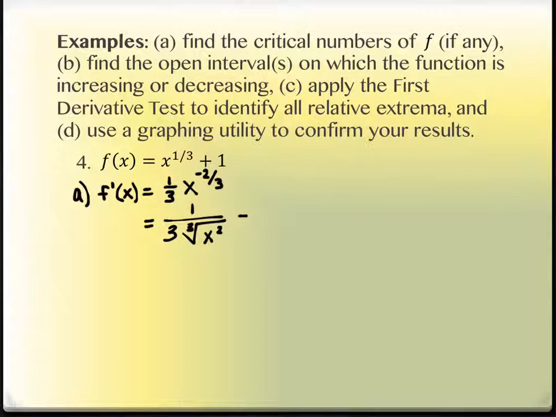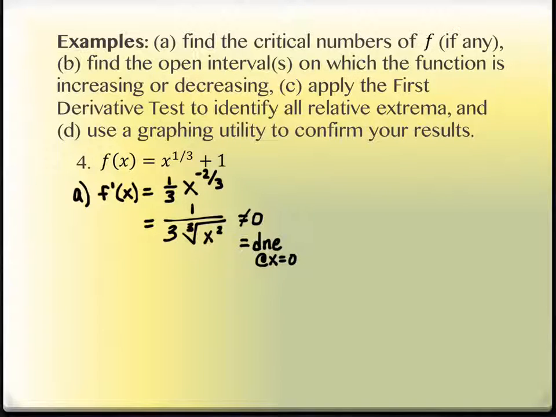And for critical numbers, we're supposed to set this equal to 0 or where it does not exist. Right? So what do you find out? Yeah, it does not exist at 0. So this does not exist at x equals 0. How about setting it equal to 0? Doesn't work, right? It never equals 0.